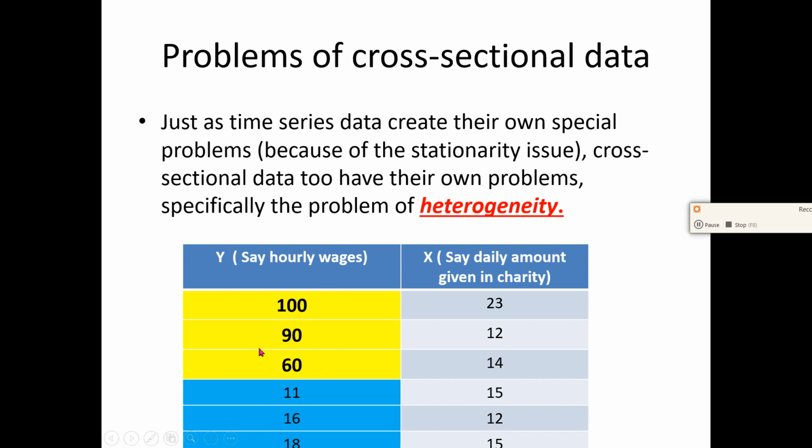For example, if I look at only these Y values, you can see the data values in this yellow highlighted part are quite different from the data values in this blue or turquoise highlighted part. So the variation pattern is different. These values vary a lot, whereas these values vary less. In technical terminology, we can say that this is an issue of heterogeneity.